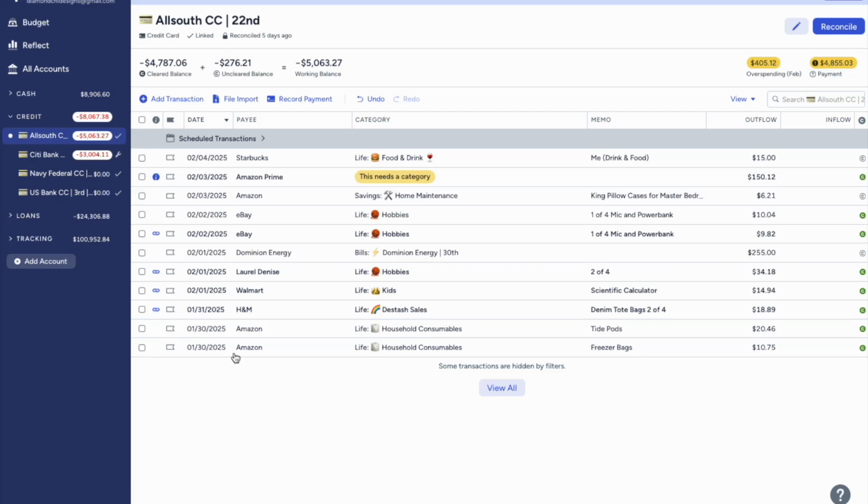I've got to get to that transaction in my budget. So $10.75 on the 30th. Freezer bags, $20.46. Tide Pods, that matches. $10.04 for the 3rd.